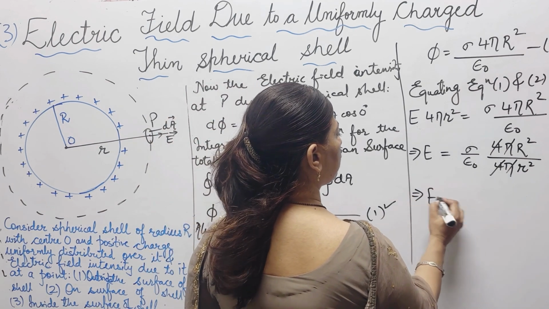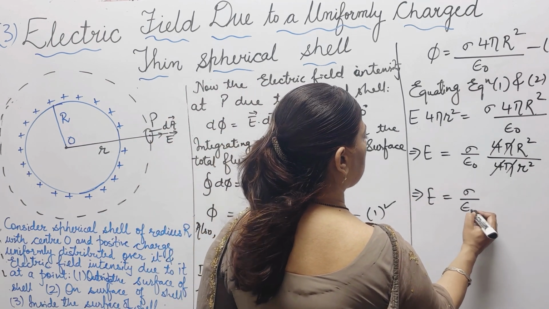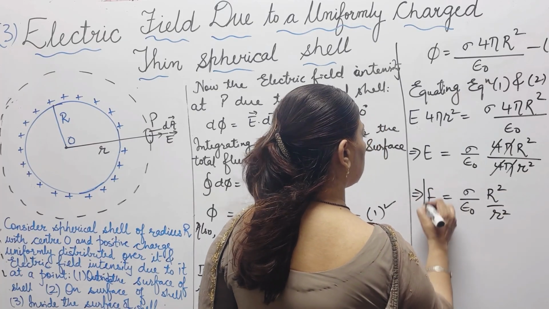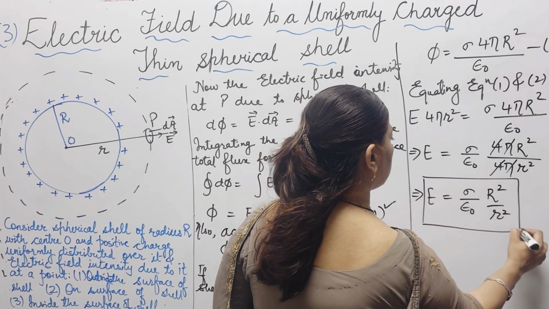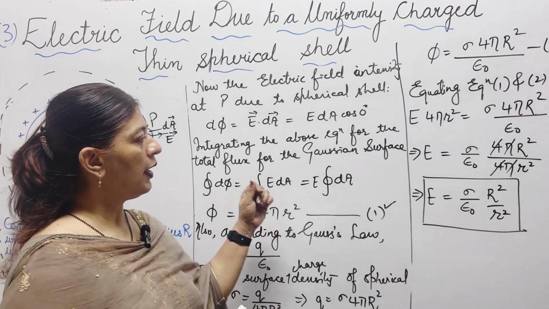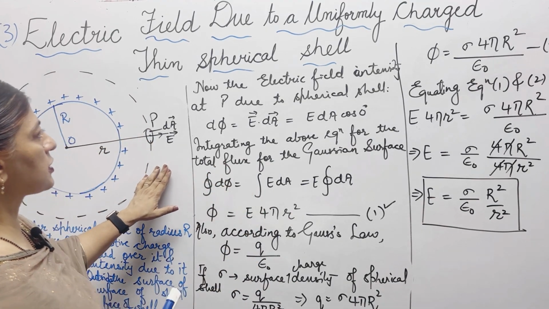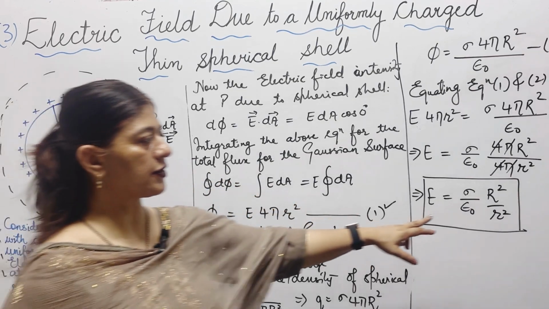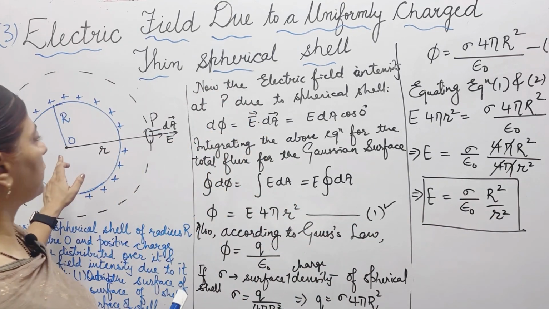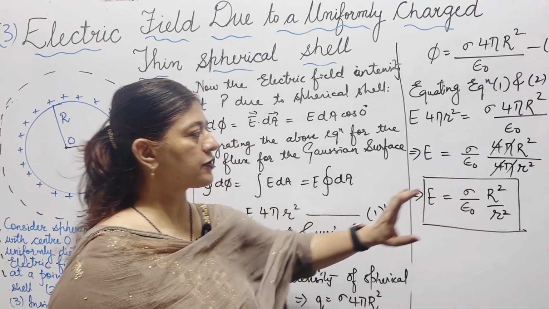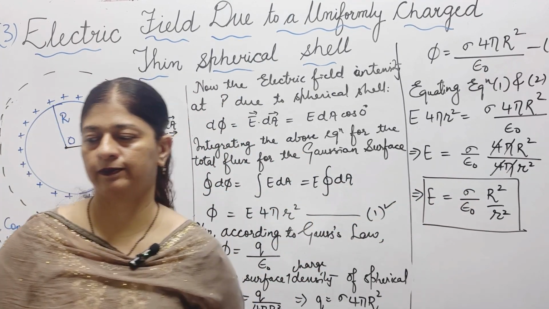We have electric field intensity E equal to sigma by epsilon naught times R square over r square. So this is the electric field intensity relation at any Gaussian surface lying outside this shell, where small r is the distance from the center to any point on that surface, and capital R is the radius of that spherical shell.